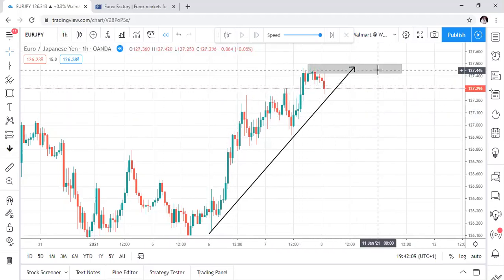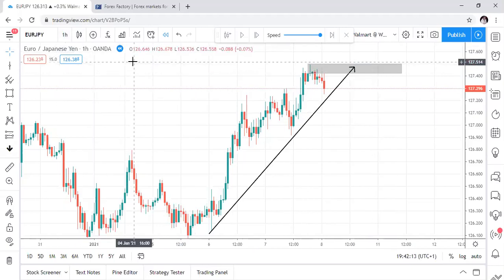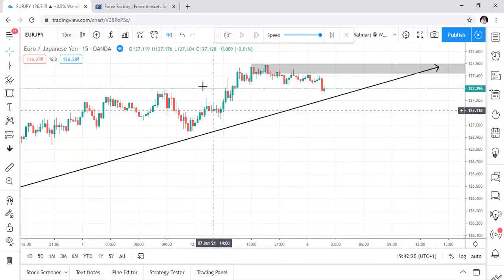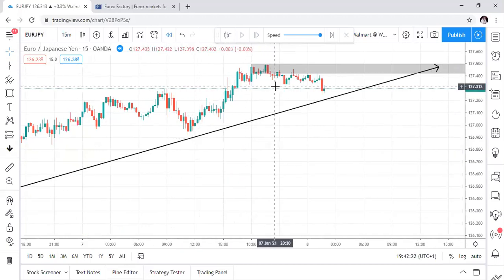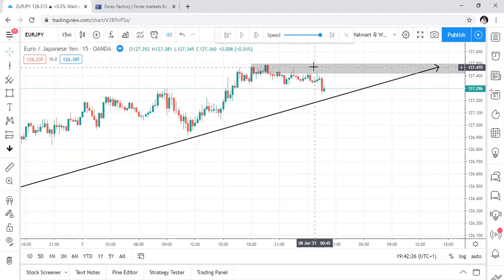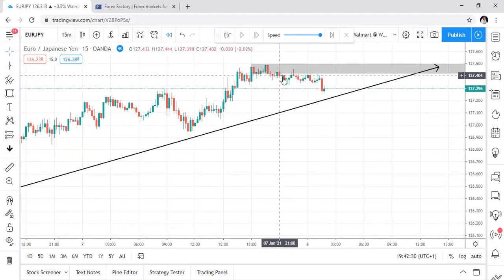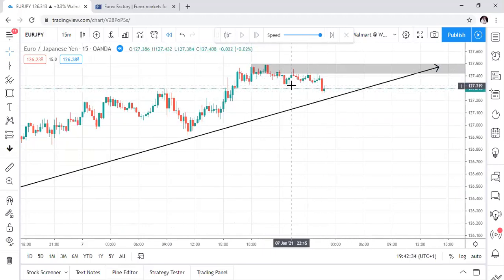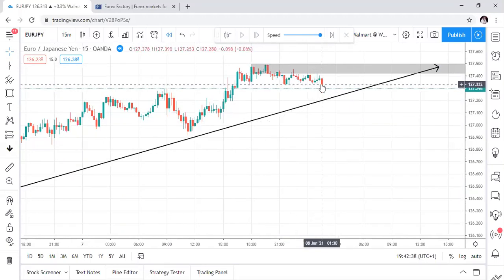This is the order block in 1 hour. You go to 15 minutes. 15 minutes still gives you the same order block. That's alignment. But market structure has been broken in 15 minutes, while in 1 hour it's never broken.